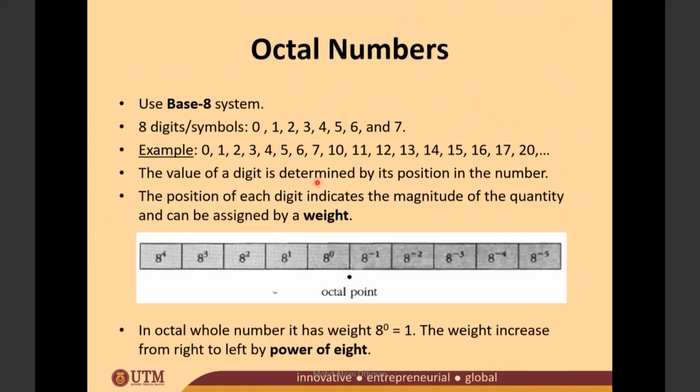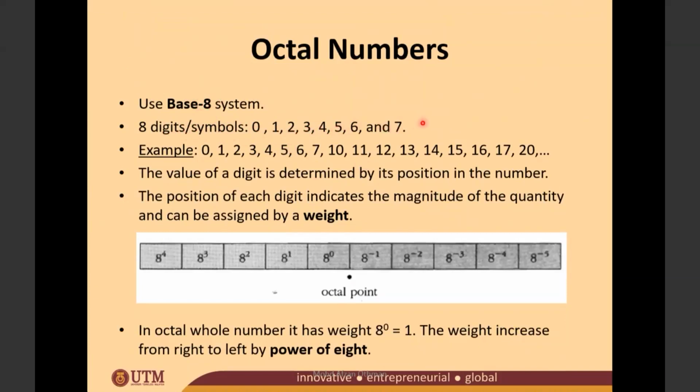So this octal number use base 8. Dia akan guna asas 8. Since it is asas 8, so dia ada 8 simbol ataupun 8 digits kita panggil daripada 0, 1, 2, 3, 4, 5, 6, 7.